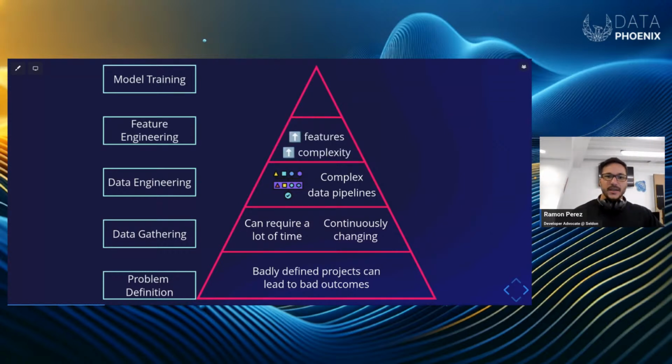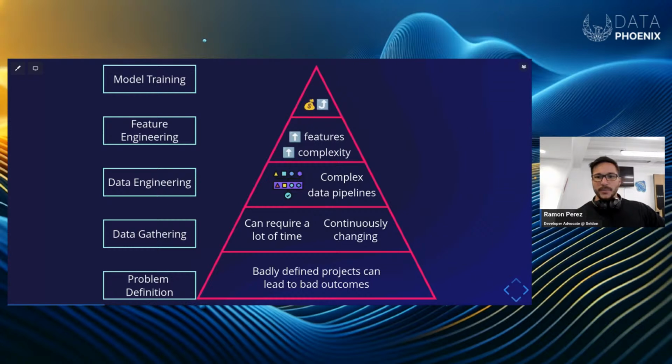Then feature engineering: features can become very complex in some instances. You can have a feature that depends on time, that depends on activity, and that depends on different characteristics that are demographic, or maybe not necessarily demographic, but geographical, and so on.